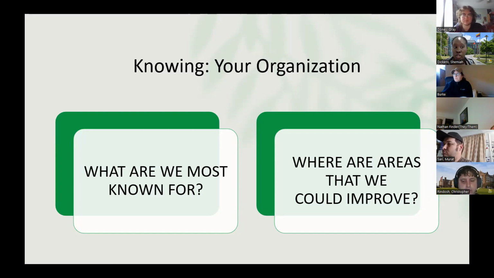But also, I'm making an assumption that the majority of us here are executive board members. So having that conversation of what didn't go well last year, or what went really well last year, when we're talking about knowing our organization, it's figuring out the ways that we can grow, the things that maybe didn't go as great last year as planned because things came up, and we troubleshot all of these components.